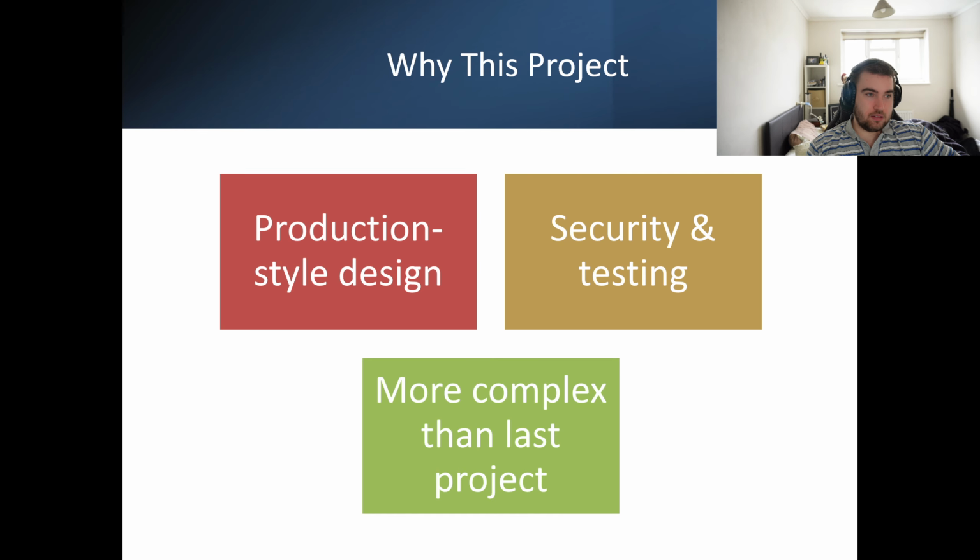With that being the case, what's the core architecture, and why this project? Well, I'm going to talk about why this project first because that's really the main thing that you want to know. So, production style design. How I've tried to design it is like what you would in production, with multiple services separated, following all the SOLID principles, more than just one user in the database, and also having it all fully tested as much as possible.